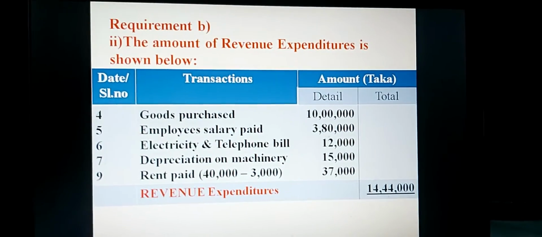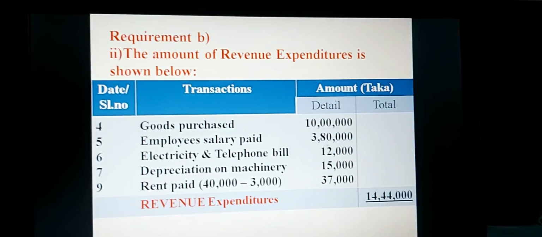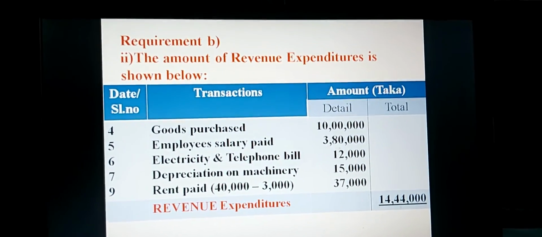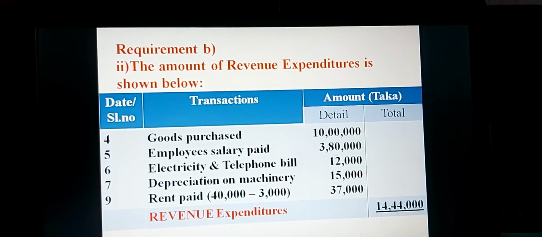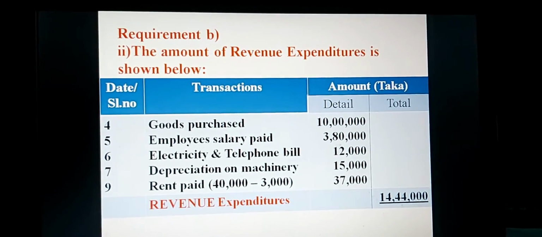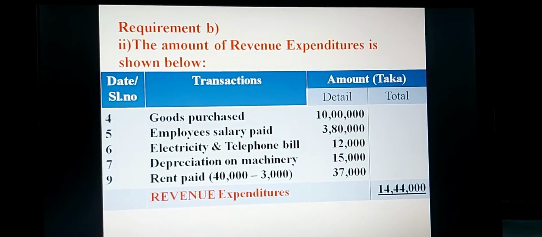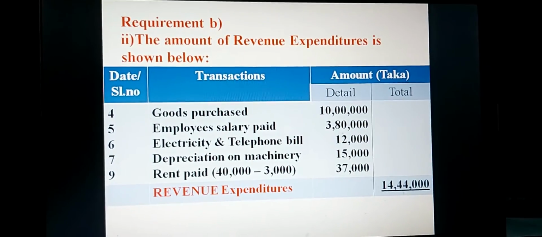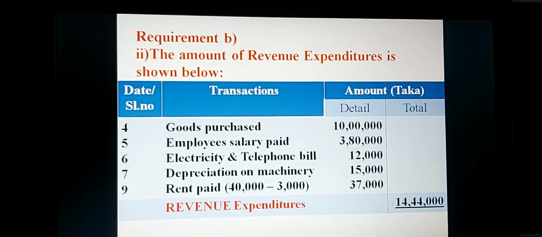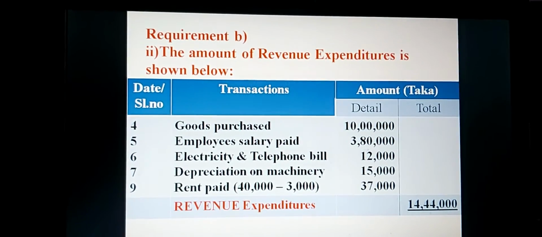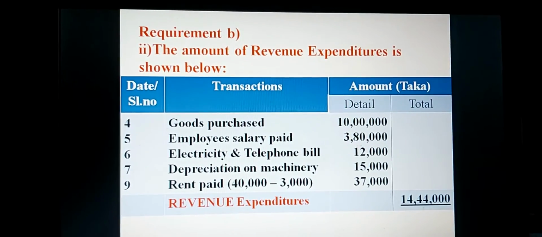I have already said in part 1, commission receipt, that the same rule is followed for rent paid. Any previous amount or next year's amount has to be deducted from the total amount.